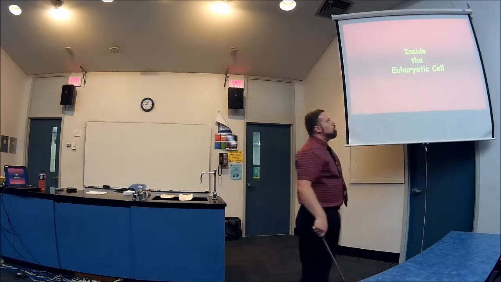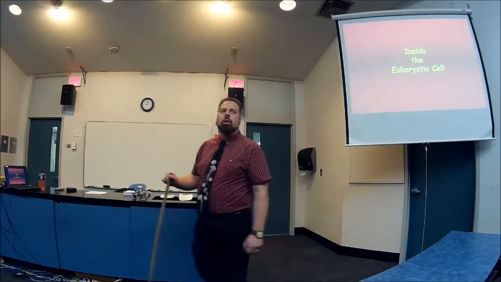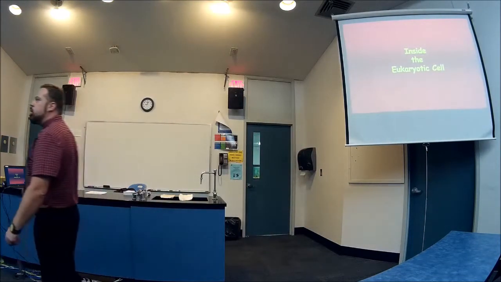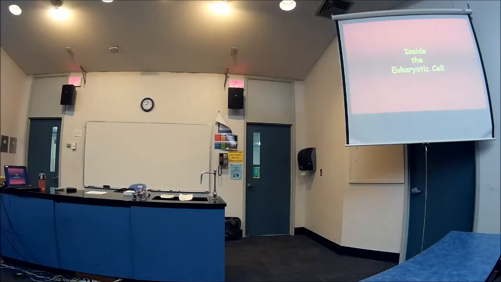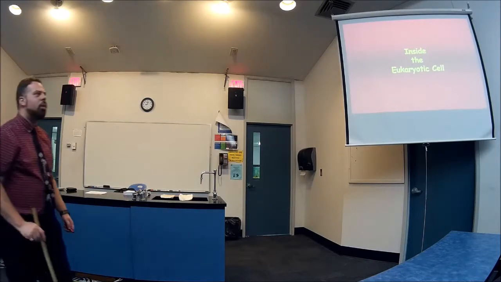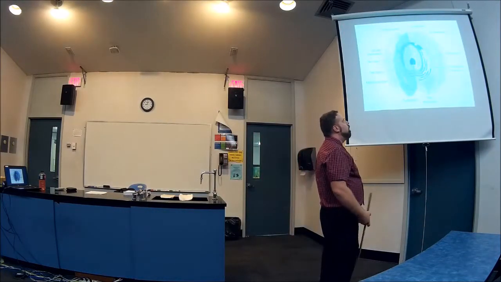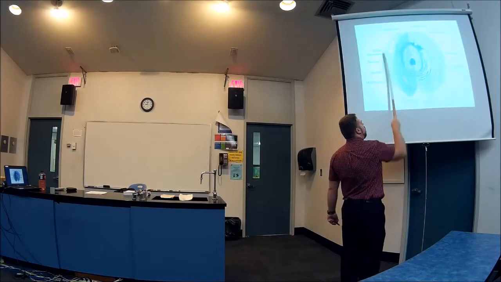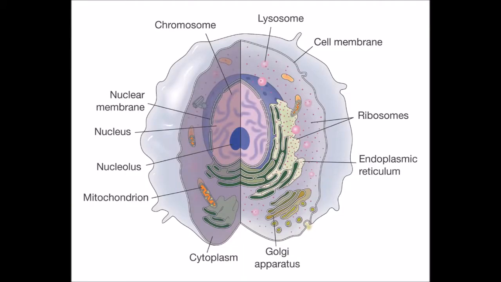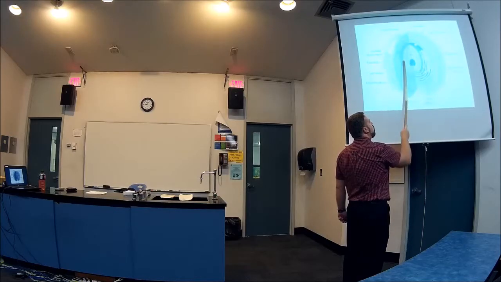So that's all I really want to say in terms of prokaryotic cells. We'll talk a little bit about how they divide and things later on, but let's just talk about a eukaryotic cell. You've got the cell membrane around it. The nucleus is over here.